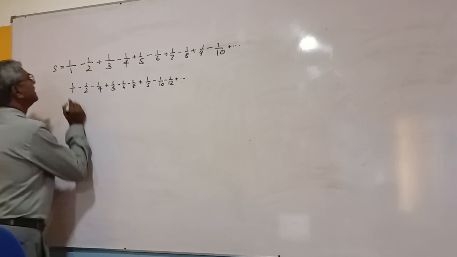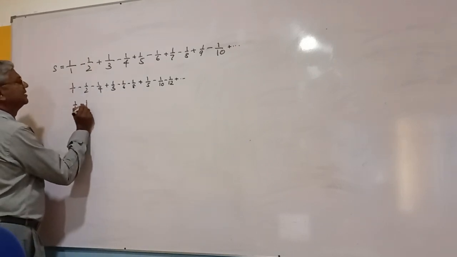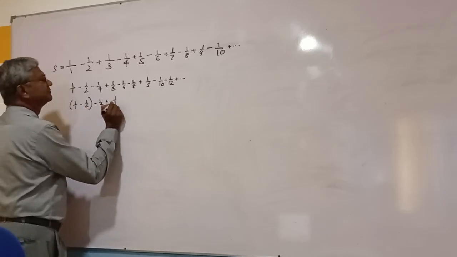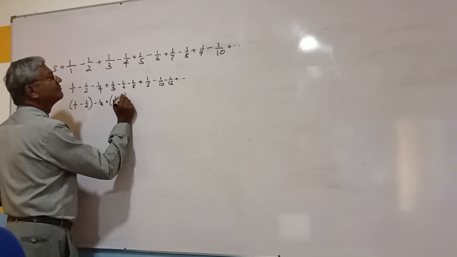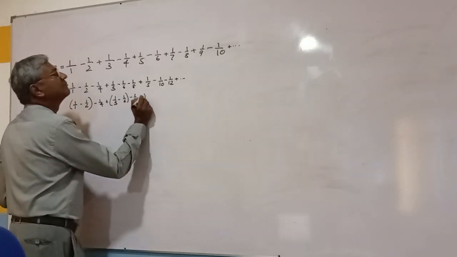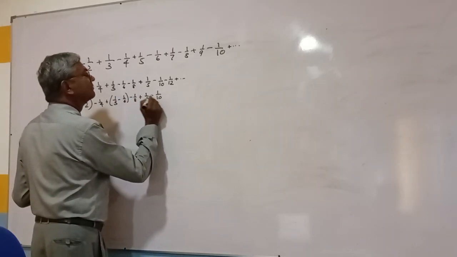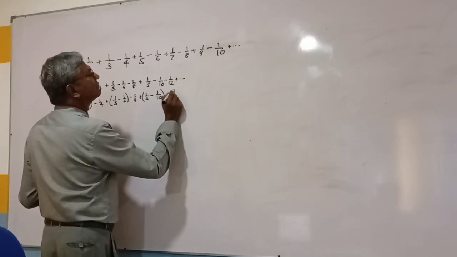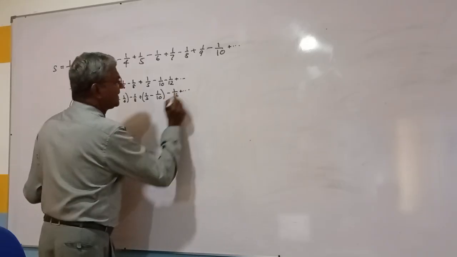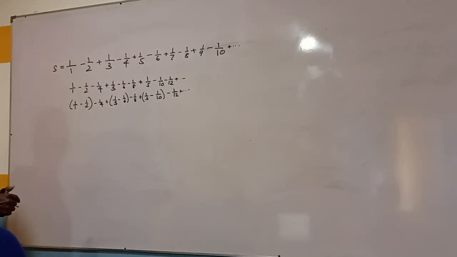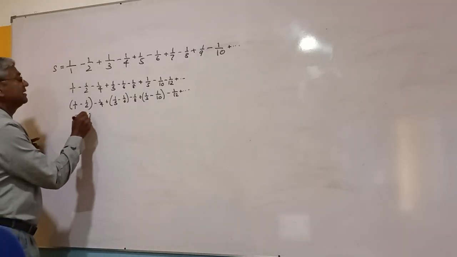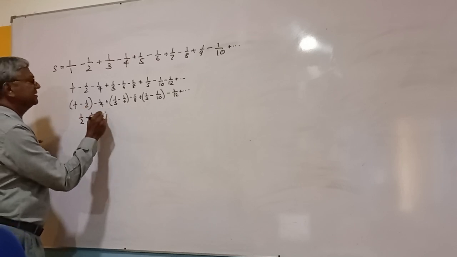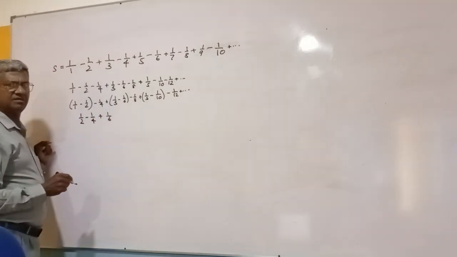Now I put parentheses here. 1 over 2 minus 1 over 4, no? 1 over 3 minus 1 over 6 is 1 over 6, no?